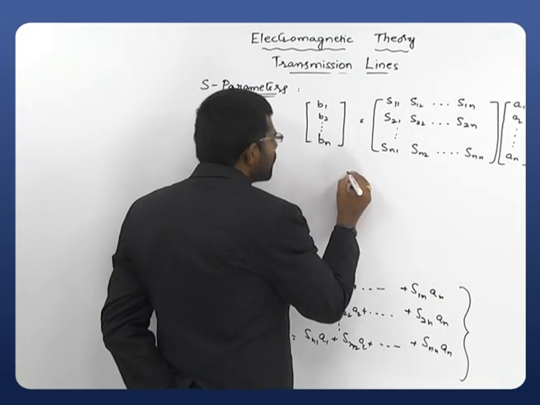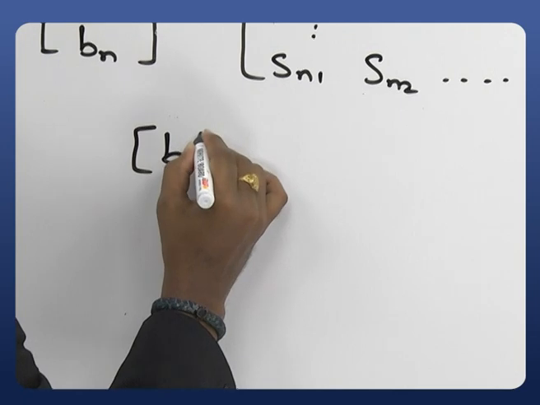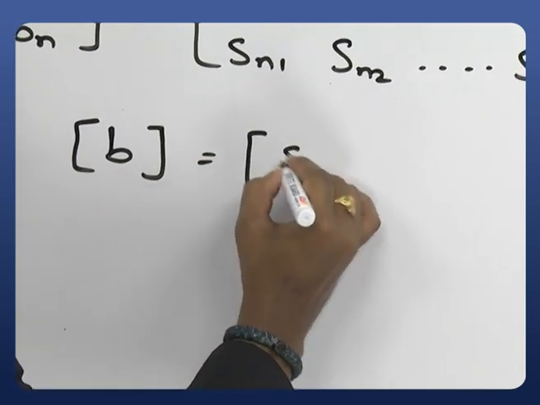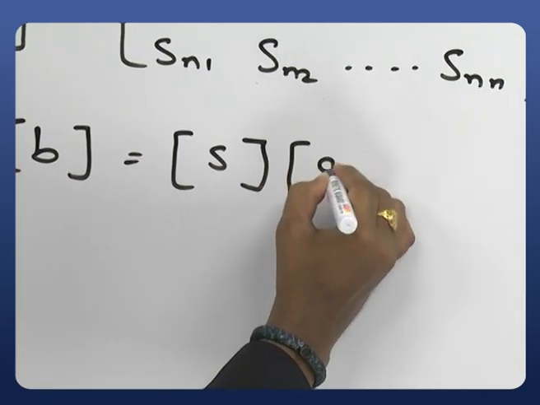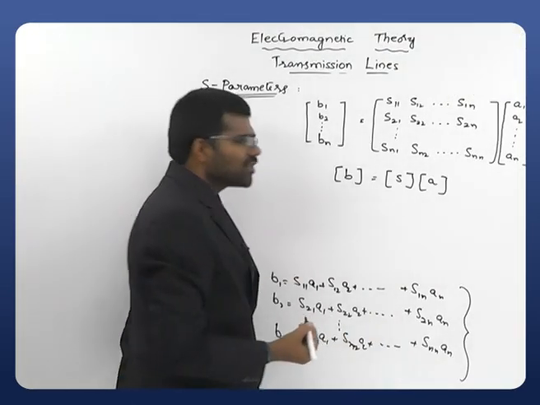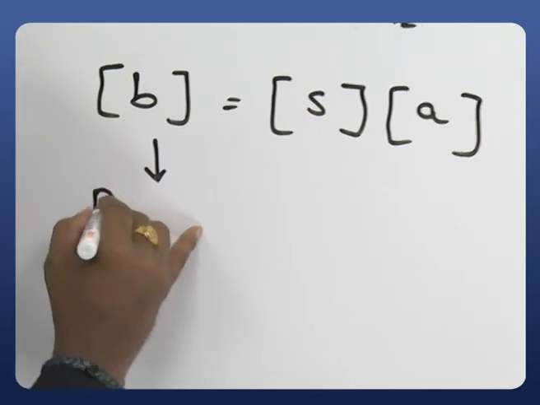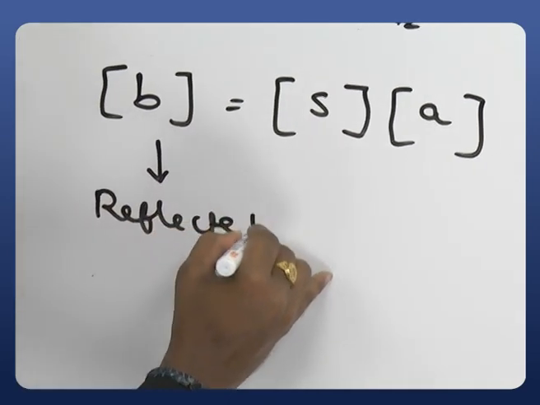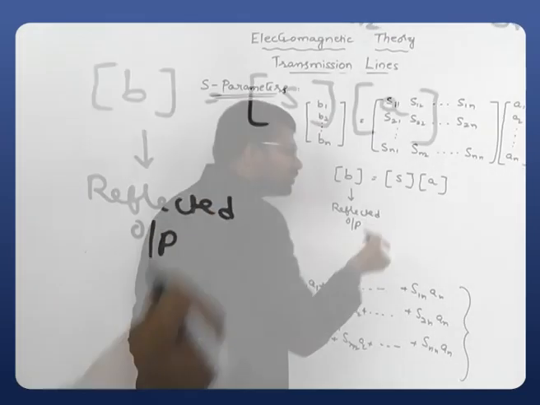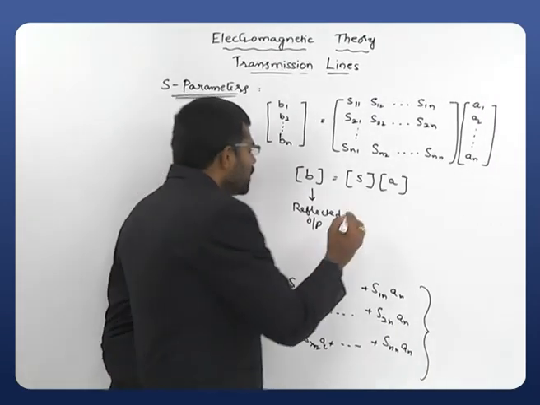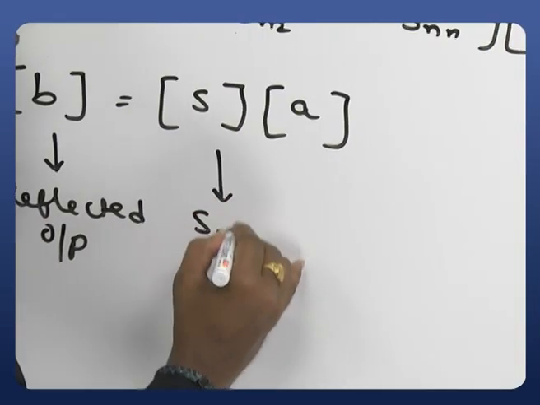So in short form, this can be written as B equals S into A. Now what is B equals S into A? Clearly B is a matrix which consists of all reflected or scattered outputs. Similarly, S stands for S parameters.